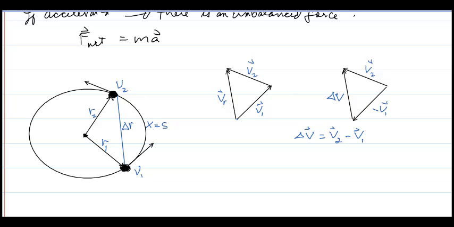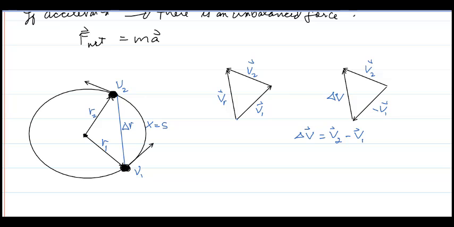For this position, let's label the speed of the stone tangent to the circular path as V1. After some time, after delta t, the stone will have moved to this position, and let's label the velocity of the stone as V2 at this instant. The radius we label R, R1 for V1, R2 for V2.